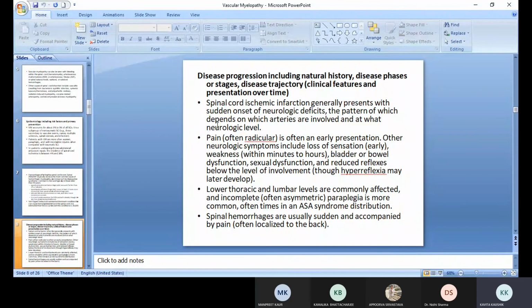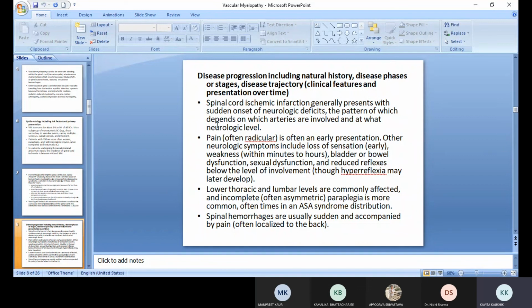Then the symptoms: pain is the most common feature and presents early, and other neurological symptoms include loss of sensation, weakness within minutes to hours, bladder and bowel dysfunction, sexual dysfunction, and reduced reflexes below the level of involvement, and hyperreflexia may later develop with spasticity.